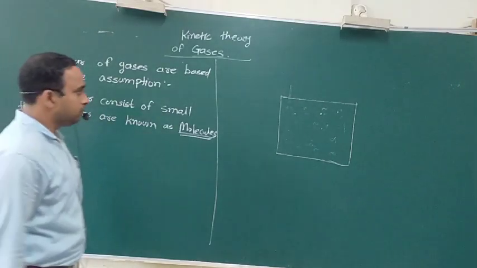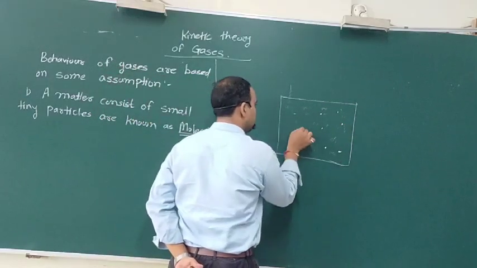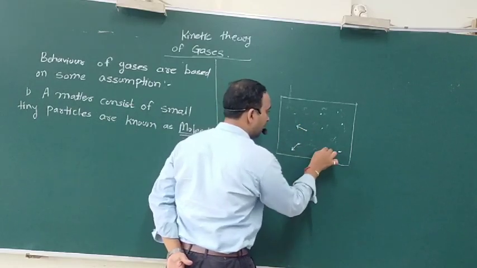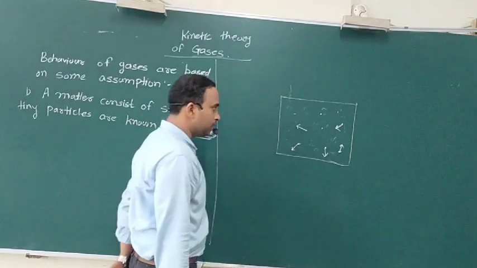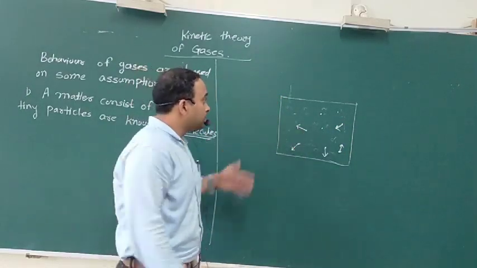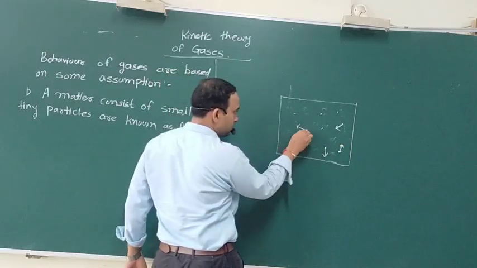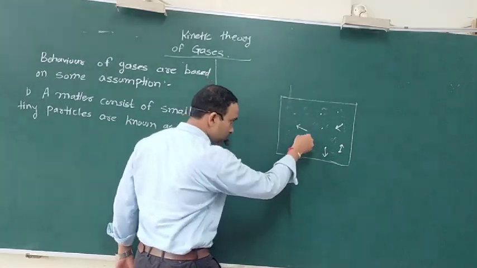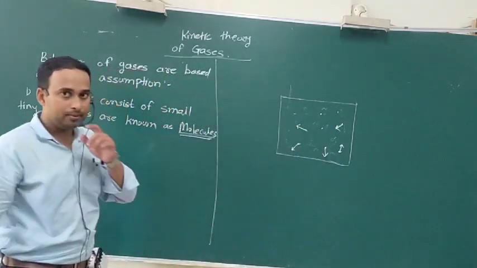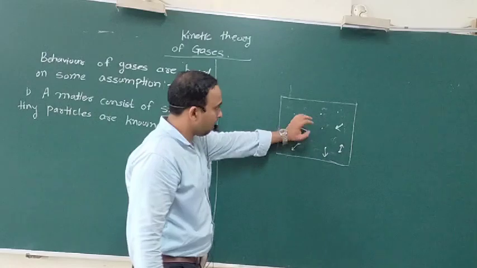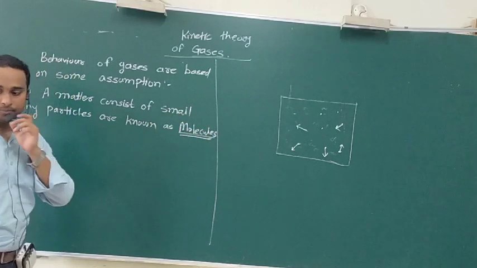Now see here, these small tiny particles are in random motion. They are not moving in the same direction. This molecule is moving in this direction, this molecule is moving in this direction. That means the directions of each molecule are different, and these molecules are moving randomly in the container.